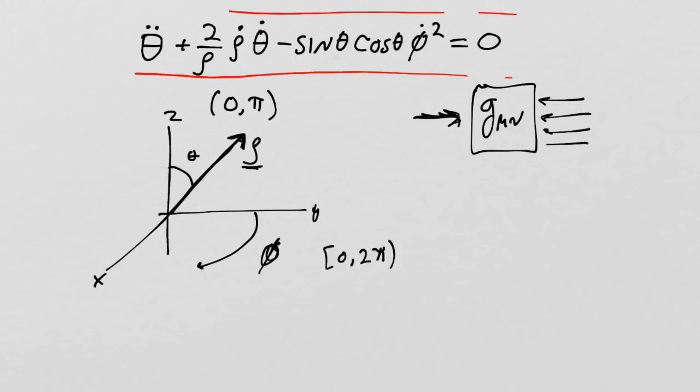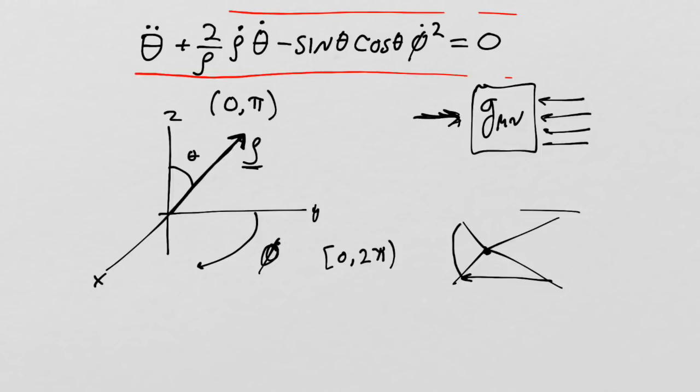But the point I'm trying to make here is that no direction in space can possibly be favored in any way. And because of this, you can imagine that any object moving about the center will move in just a single plane cutting through the origin of your coordinate system. And it has no tendency to leave that plane and then enter, say, some different plane about the coordinate system.